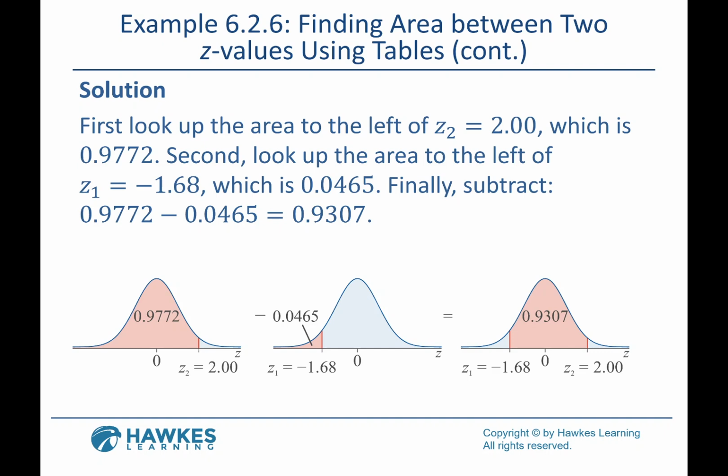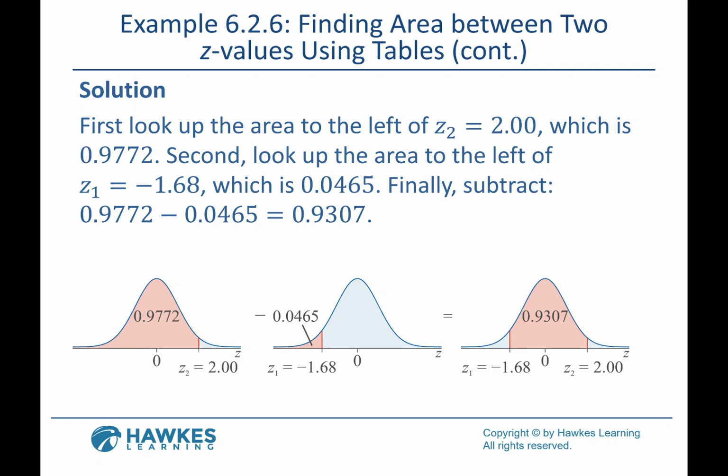Yeah, 3 minus 2 is not the same as 2 minus 3. But how do we know which one to put first? The one furthest to the right, or the bigger one, yeah.